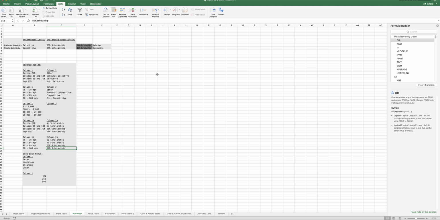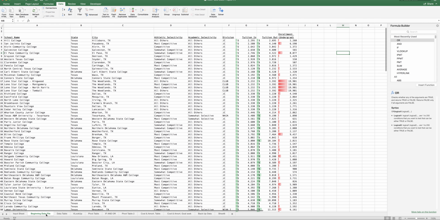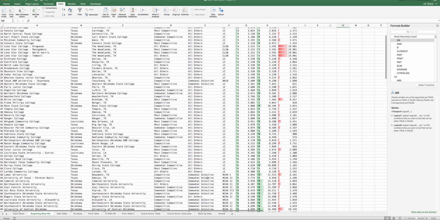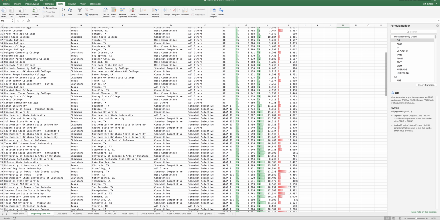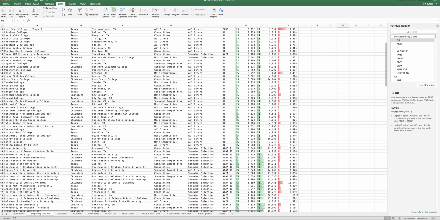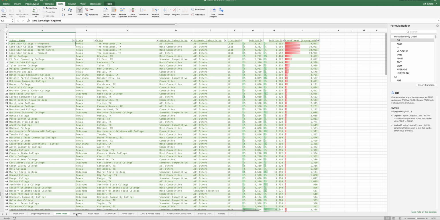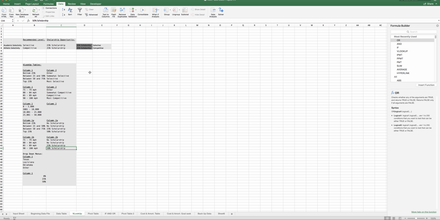Like I said earlier, the data set provides the academic selectivity, if it's somewhat selective, very selective, etc. Same from an athletic standpoint, whether it's competitive, most competitive, somewhat competitive, etc. So I created the data table to match the answers to the three questions to those parameters, as you can see here.